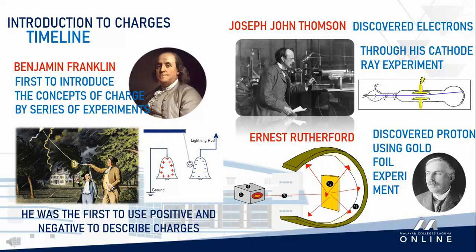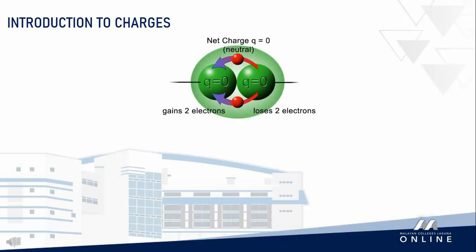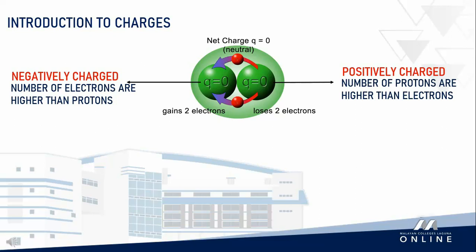Since the negative charge is assigned to the electrons, while the positive charge is assigned to the protons, we only have two types of charges, and the materials can acquire these charges depending on the number of protons and electrons present in them. We also use coulombs or C as the unit of charge.